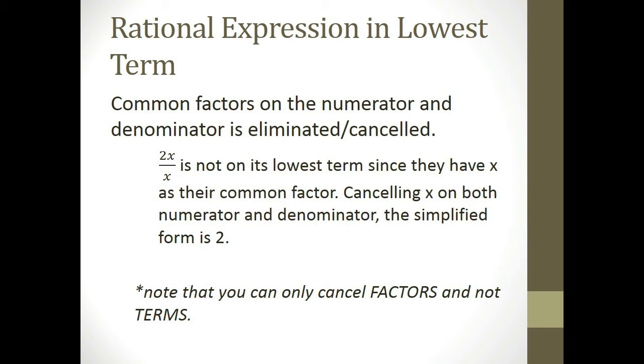Common factors on the numerator and denominator are eliminated or cancelled. 2x all over x is not in its lowest term since they have x as their common factor. Cancelling x on both numerator and denominator, the simplified form is 2. Note that you can only cancel factors and not terms.